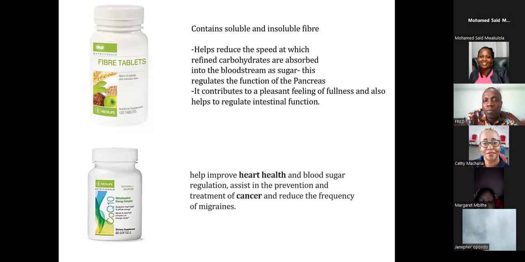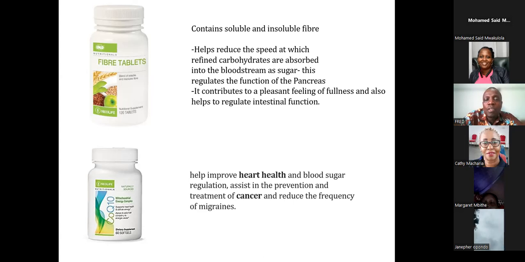This regulates the function of the pancreas. It contributes to a pleasant feeling of fullness and helps to regulate intestinal function. Now, one of the things about fiber tablets is that it saves 80% of sugar from blood. The moment you take it, it saves 80% of sugar from blood.